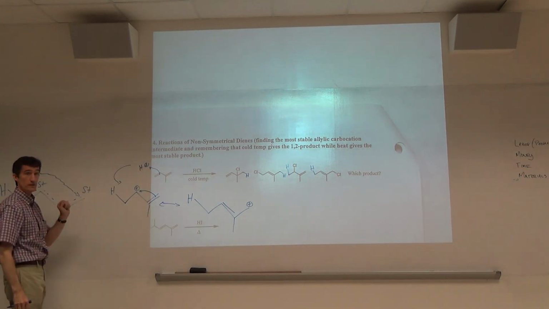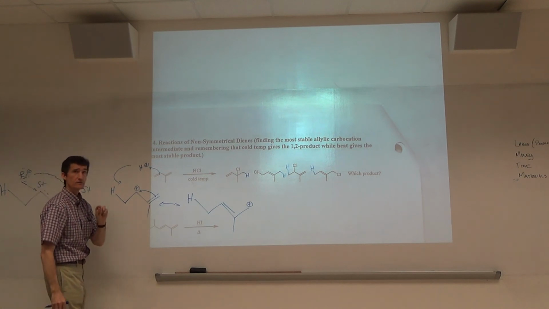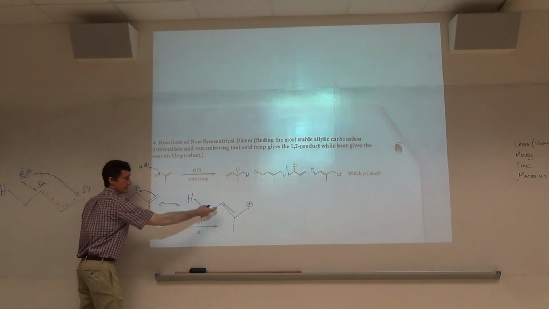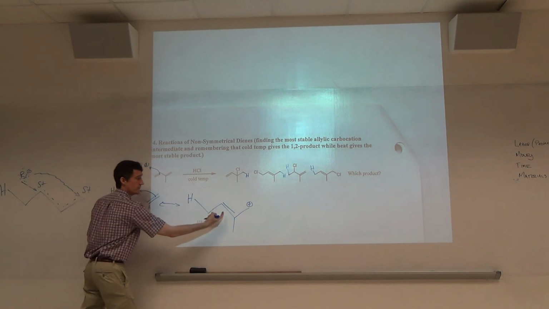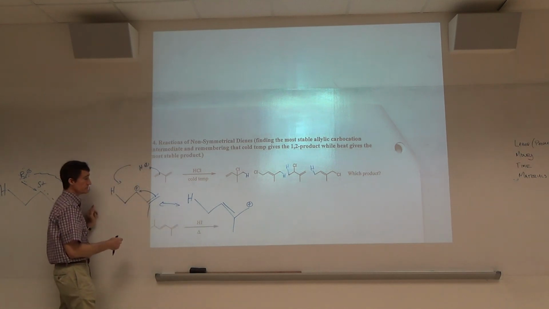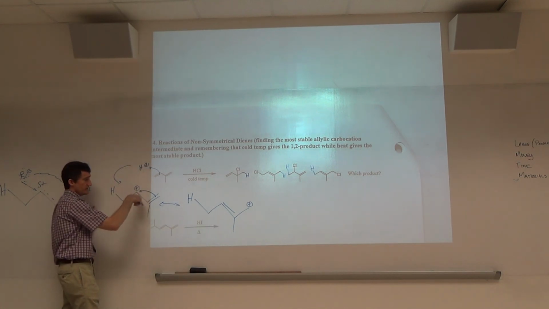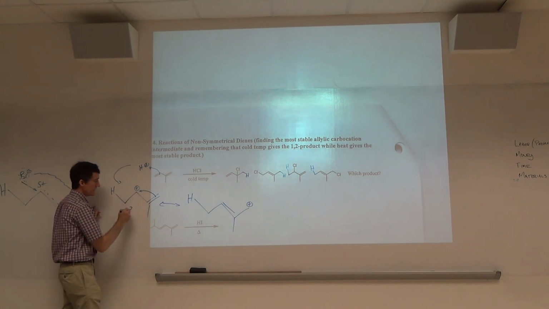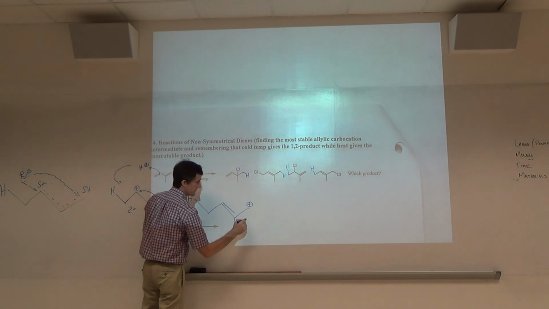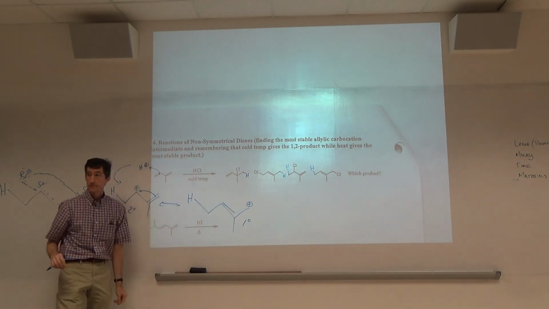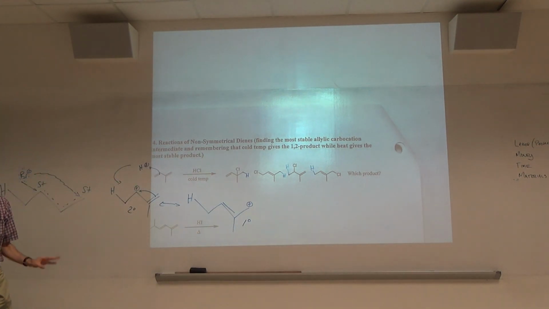We could do a hybrid, but instead of doing hybrid, let's discuss it like this. This is a cation that has character of both of these resonance structures. What type of character does this have? This is secondary cation. And what type of character does this have? Primary. Now the true cation is a blend of these.